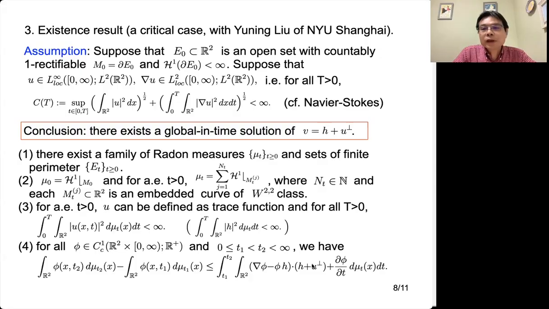It tells you in this generalized sense that the curve is moving with velocity equal to h plus u perp. So this number 4 is really a characterization of how things are moving. And note that h squared is here, so this right-hand side is finite also.